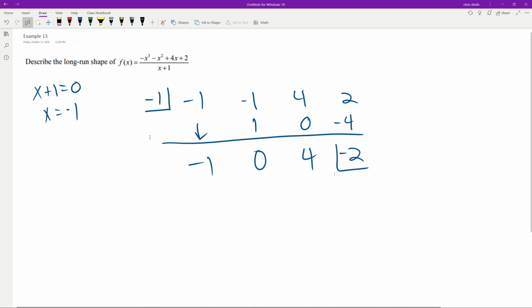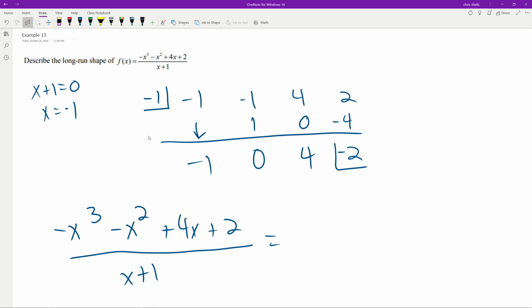This means that (negative x cubed minus x squared plus 4x plus 2) divided by (x plus 1) is equal to, let's see, this starts with the cube term, so this quotient is a quadratic: negative x squared plus 0x plus 4, plus negative 2 over (x plus 1).